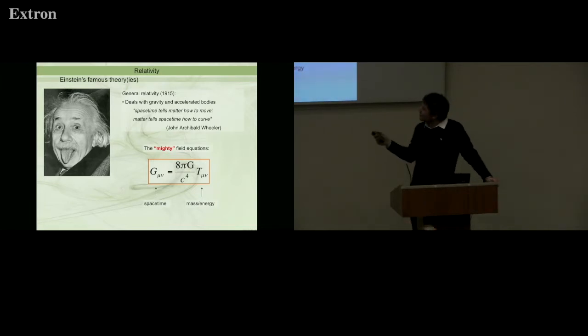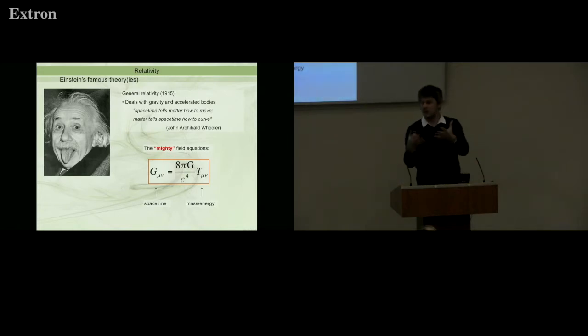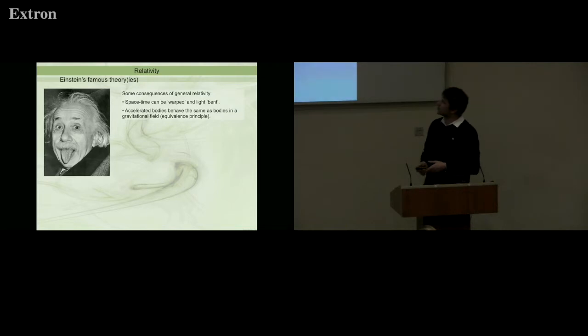Okay? And this equation, again, an equation is a balance, right? So we won't get into all the maths, but on one side it's space-time, and space-time is equivalent to the content of the universe, so mass and energy that lies within space-time. We'll see some illustrations of that.